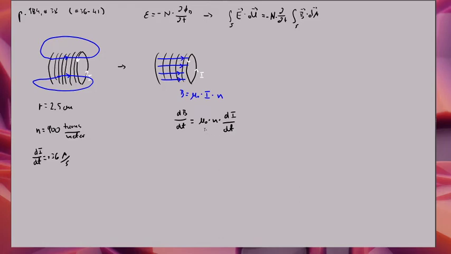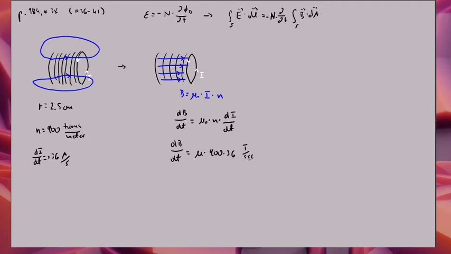So what you have here is an equation that relates the rate of change of the current I to the rate of change of the magnetic field, and of course you can take it a step farther and write that dB/dt here is mu naught times 900 times 36, and you have an actual constant, an actual rate at which the magnetic field changes. The units here would be Teslas per second.